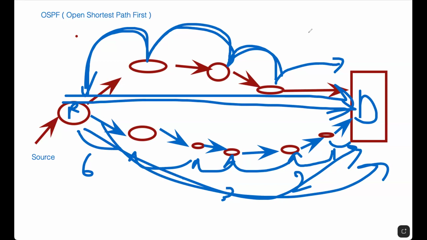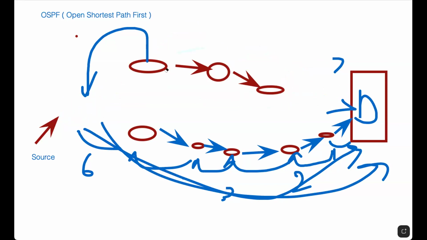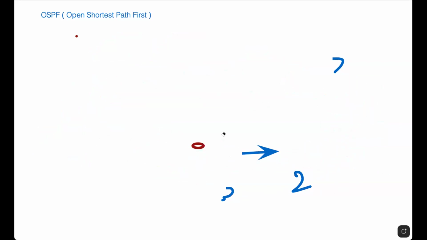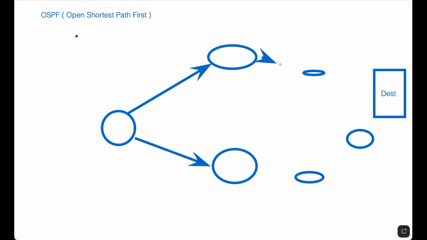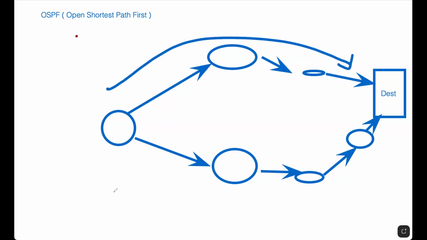So how does OSPF work? Let's look at that. Here, if we are running OSPF on this path, this router will not look at the entire path, and this router will also not look at the entire path.